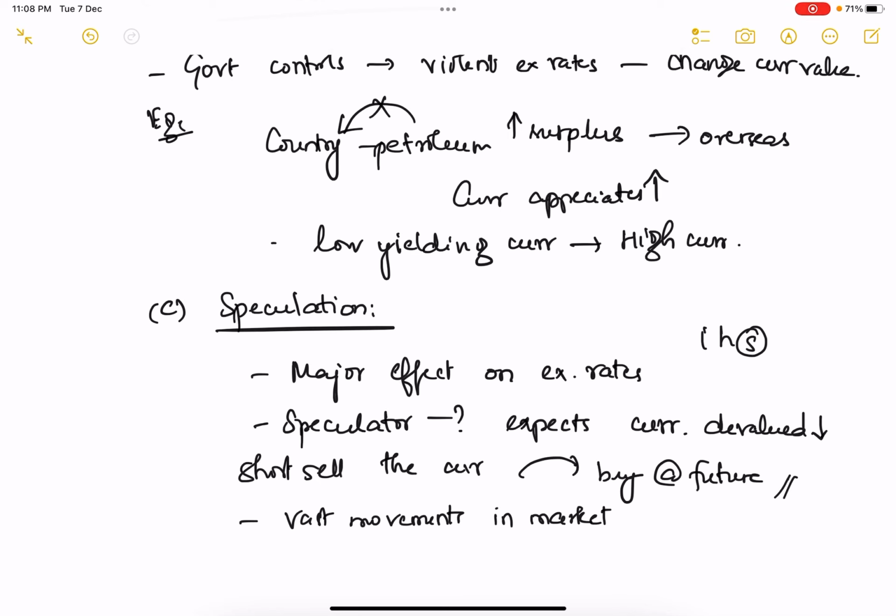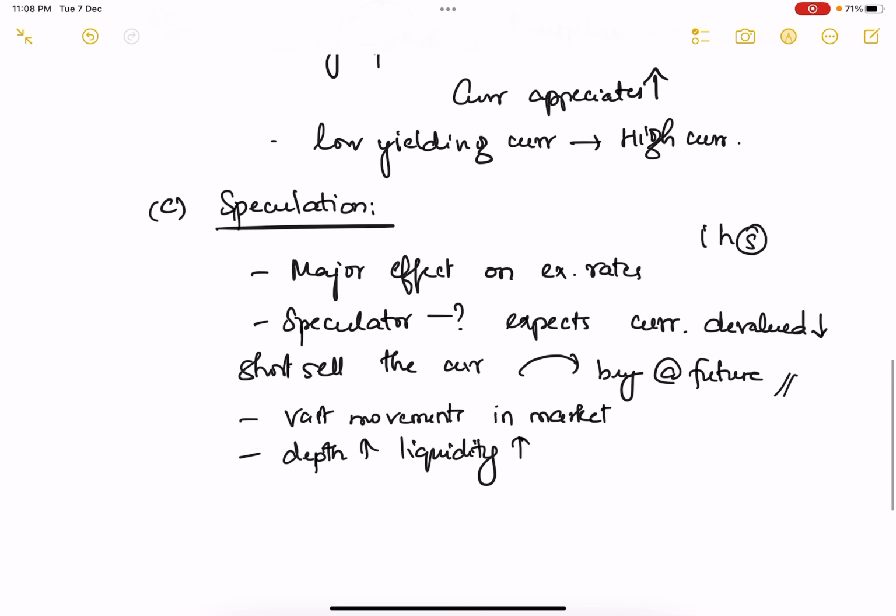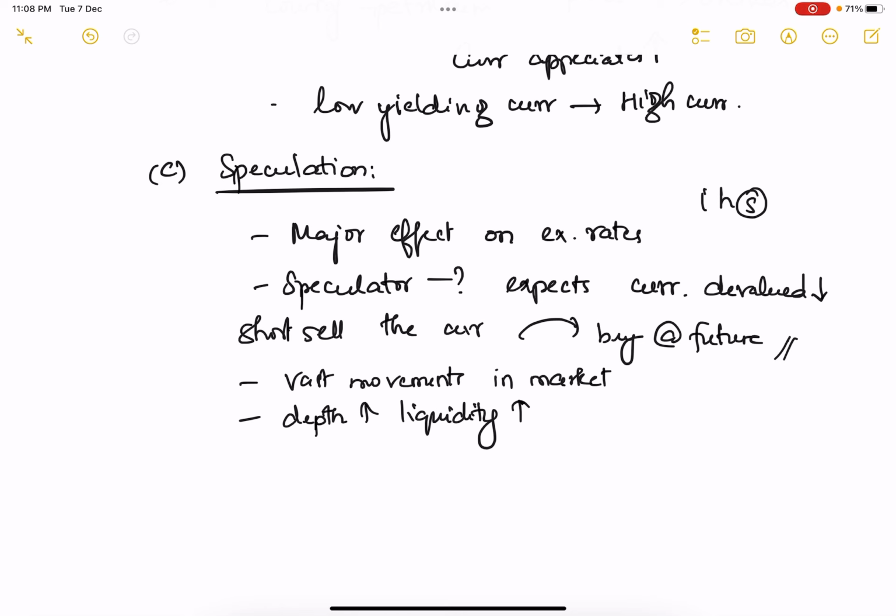This grows and extends to other market participants also. This speculation increases the depth and liquidity of exchange of currency. And experts say that if the speculation process is not contagious, then it will act as a cushion to foreign exchange markets.